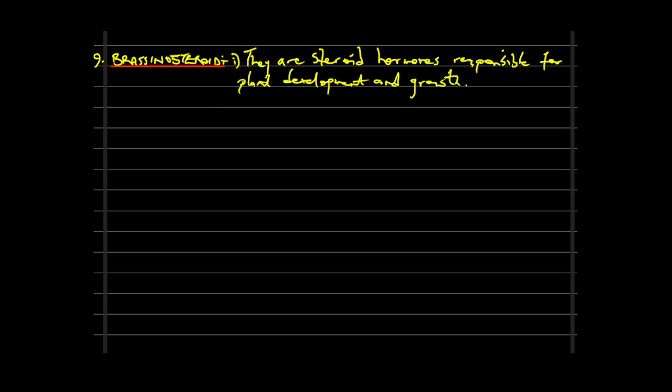Another function is that it helps to promote cell expansion and division. It also plays a role in elongation. It plays a lot in elongation. It plays a role in reproduction, and then plant growth in absence of light. So these are some of the functions of the brassinosteroid.